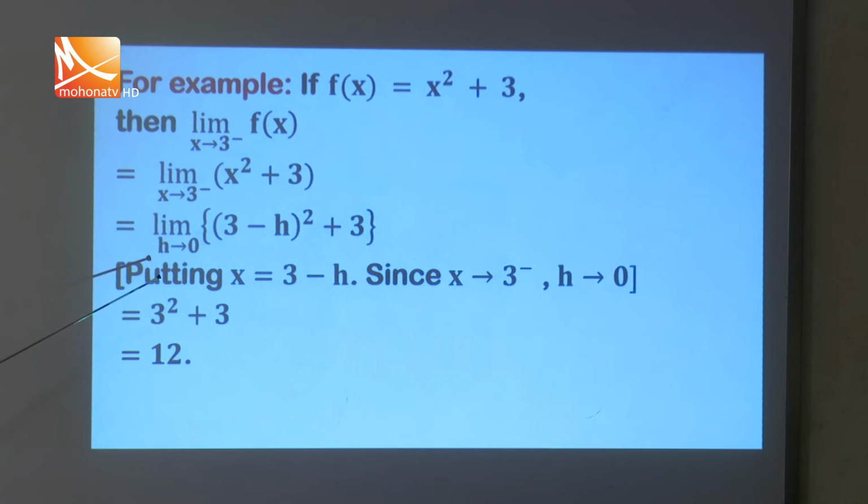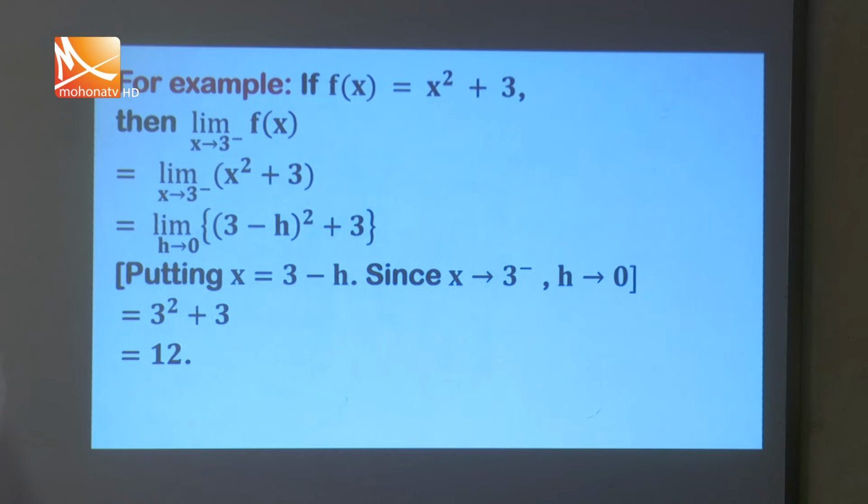After putting in the limiting value h tends to 0, we get 3 square plus 3 equals 12. So in this case we get the limiting value of f(x) is 12 when x tends to 3 minus.